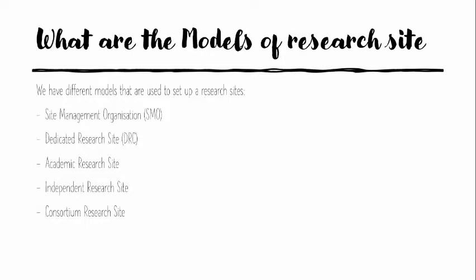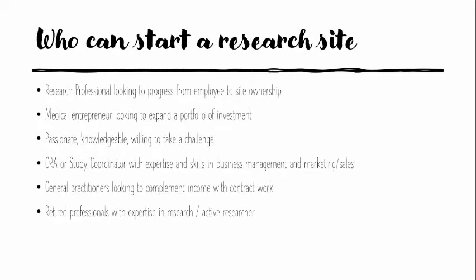So if I may give an example, if 3 people come together and form a consortium, they've got this research site that they have set up, they could approach one sponsor and say, if you are looking for 10,000 participants, we could give you 5,000. So knowing that these numbers will be coming from a consortium, the same model could also be applied with a site management organization. We will be taking questions or discussions at the end of the presentation.